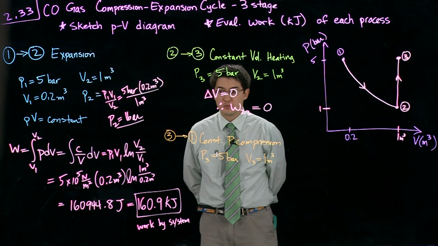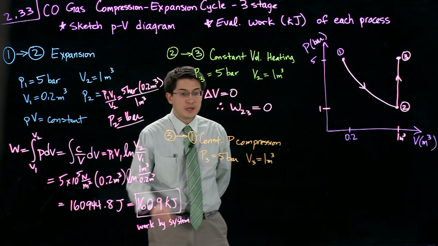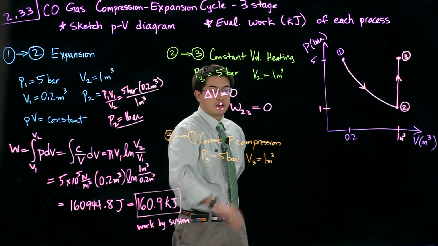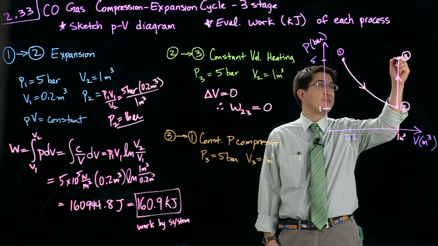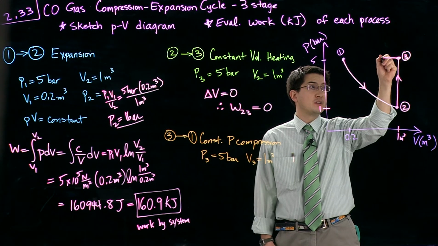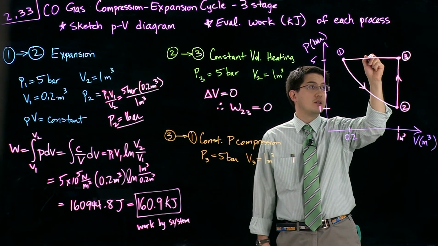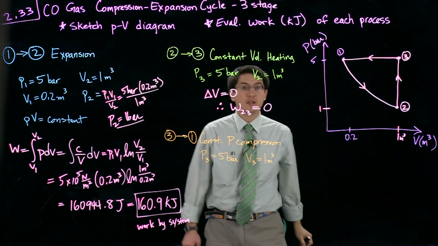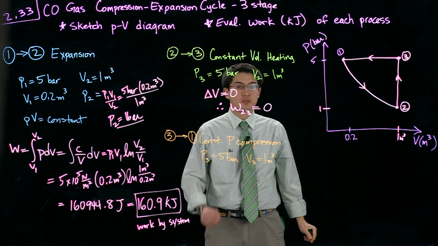Let's move on to process 3 back to 1. Constant pressure compression. We can already go ahead and fill this one back in. Pressure doesn't change. We're going to go back from state 3 to 1. On our PV diagram, it looks like this.